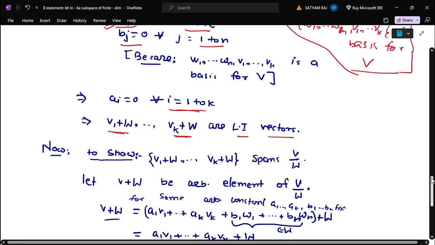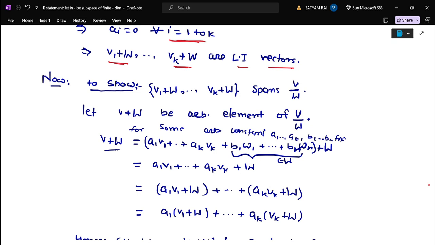Now to show that v1 + W, ..., vk + W span V/W, we have proved that these vectors are linearly independent. Now we will prove that these vectors can span every element of V/W. So let's assume any arbitrary vector from V/W.